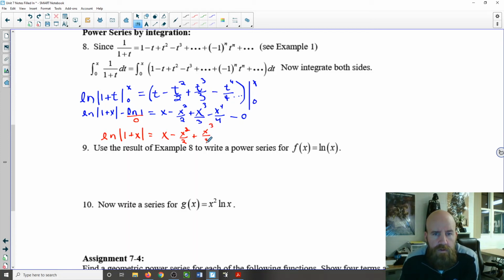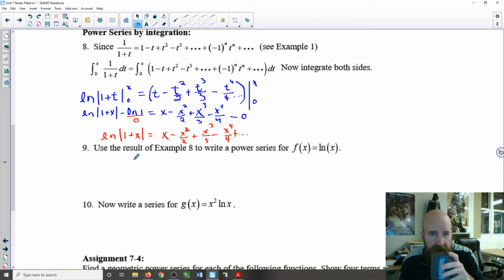Now we can go ahead and do the same thing that we were doing yesterday, the substitution, finding power series by substitution. So in example 9, it says use the result of example 8 to write a power series for natural log of x. So we have natural log of 1 plus x, but we want natural log of x.